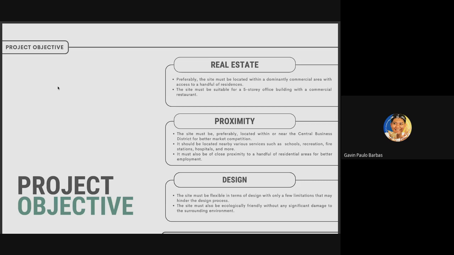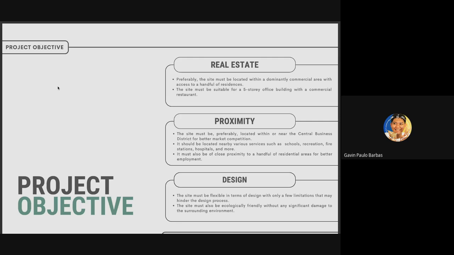Basically the same reasons as with the real estate. In addition to that, there should also be various services located nearby, such as schools, recreational facilities, fire stations, and hospitals. Basically, it should be in close proximity to areas that are beneficial to the way of living, the quality of life. For the last objective, we also included design flexibility.